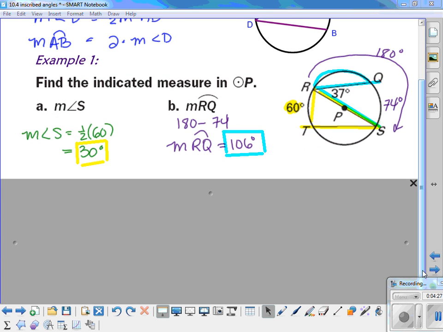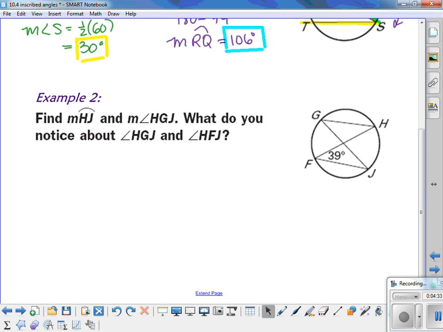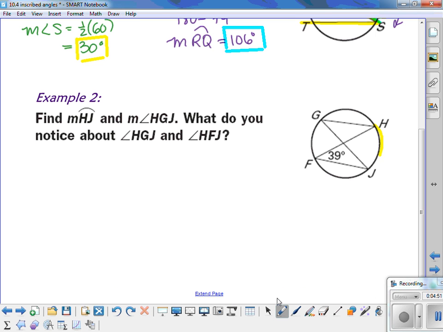Okay, looking at another example. We're going to find the measure of arc HJ and the measure of angle HGJ. So I want to find the measure of arc HJ, right here.